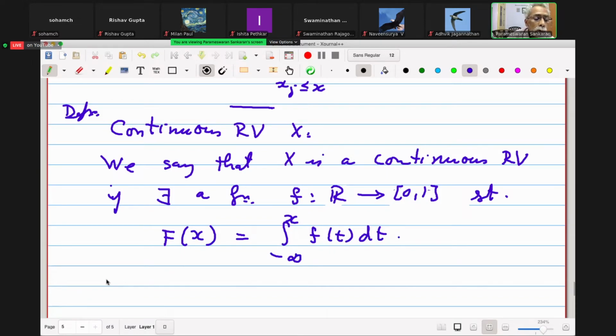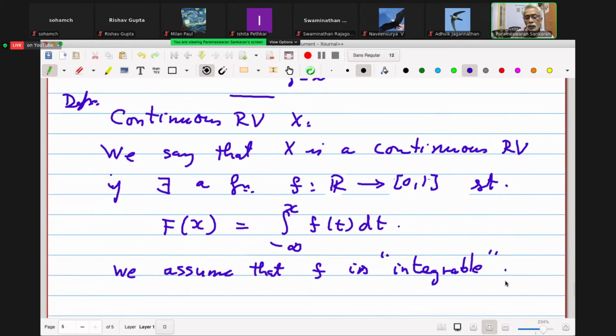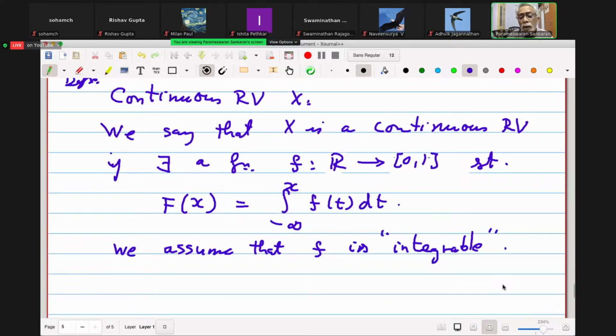So the correct terminology is, we assume that f is integrable. If you have studied this notion, that's fine. Otherwise, just think maybe it is Riemann integrable at the moment.